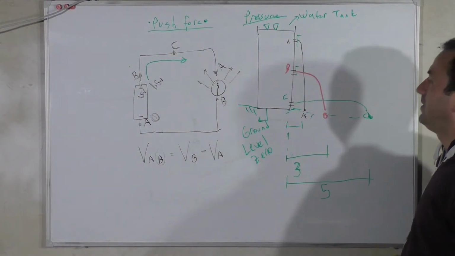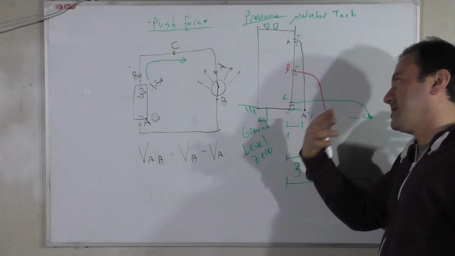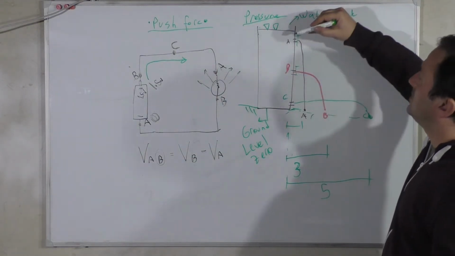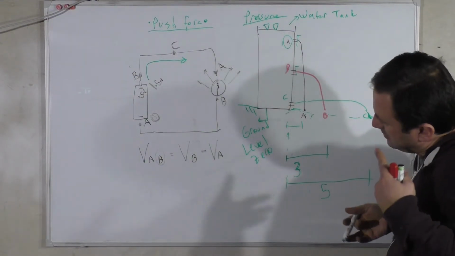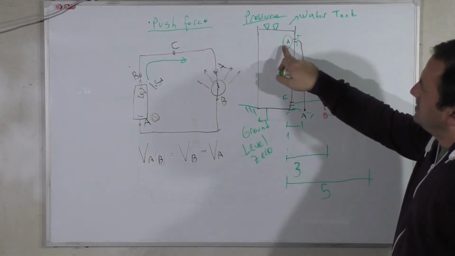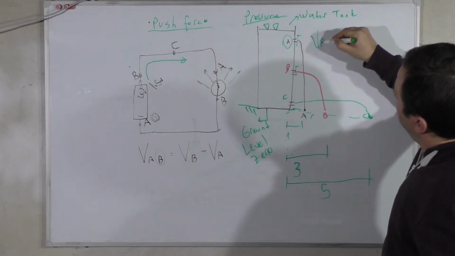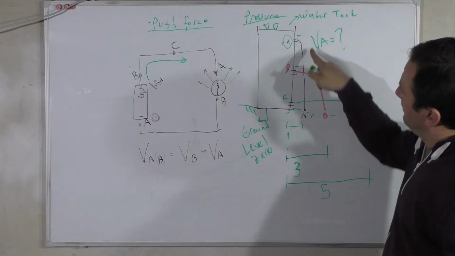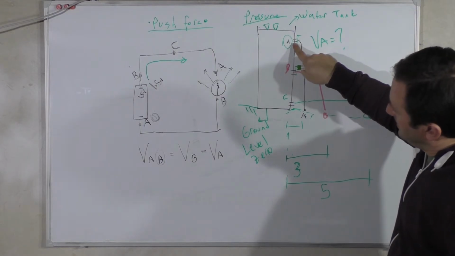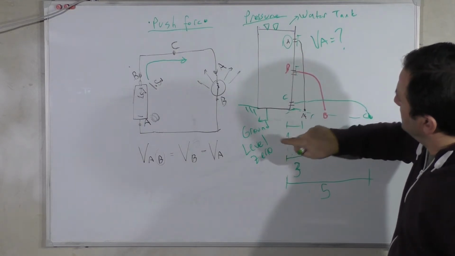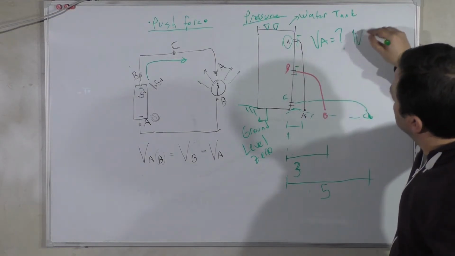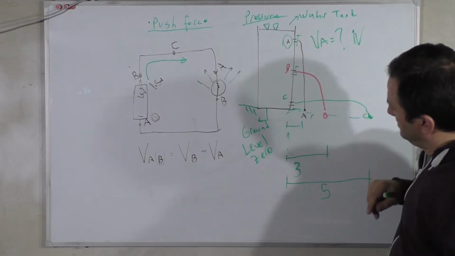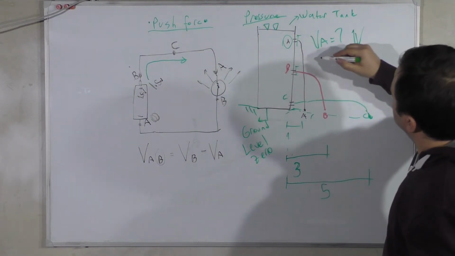So now I can say what the voltage of point A is, practically, though it's not strictly correct. When I say the voltage of A, I mean the voltage of A to ground level. Yes, it went 1 meter, 1 volt. What is B? Pressure increased to 3.